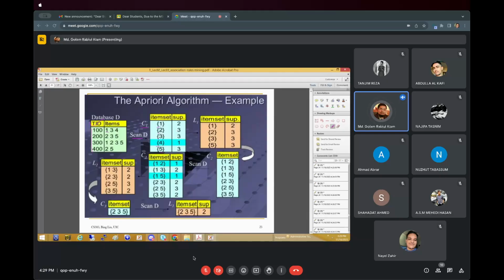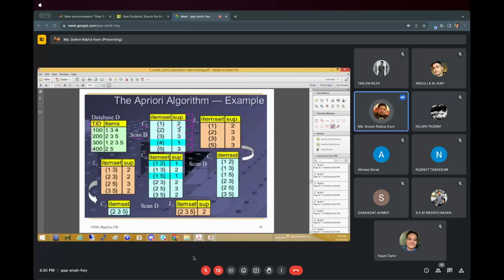And then we have to count the frequency of each item, that is the support count. Here the support counts are 2, 3, 3, 1, and 4. And then it's better if we also write the support here. From the support count, we can easily find out the support value.